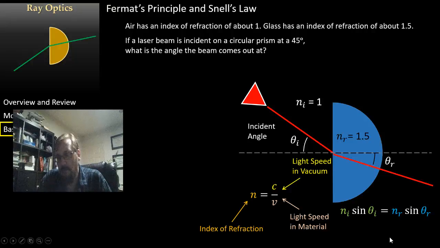So here we have a simple problem. This is the one you'd see in a lab or something. And the reason why you have this semicircular lens is because at this point, if you shine your beam right at the center of this lens, then when it turns, this line here will be along a radius.